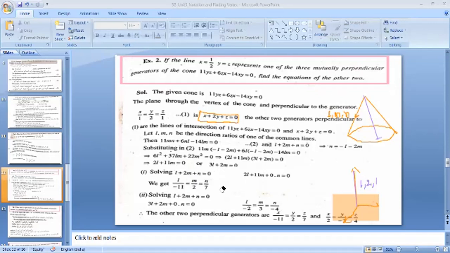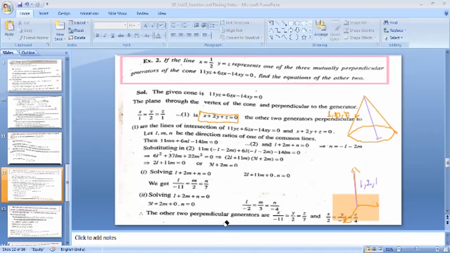Now solving L plus 2M plus n equal to 0 and 2L plus 11M equal to 0 by the cross multiplication method, we get the values as minus 11, minus 2, and 7. Now solving L plus 2m plus n equal to 0 with the other condition, we get this. So in this way, we get the two perpendicular generators.